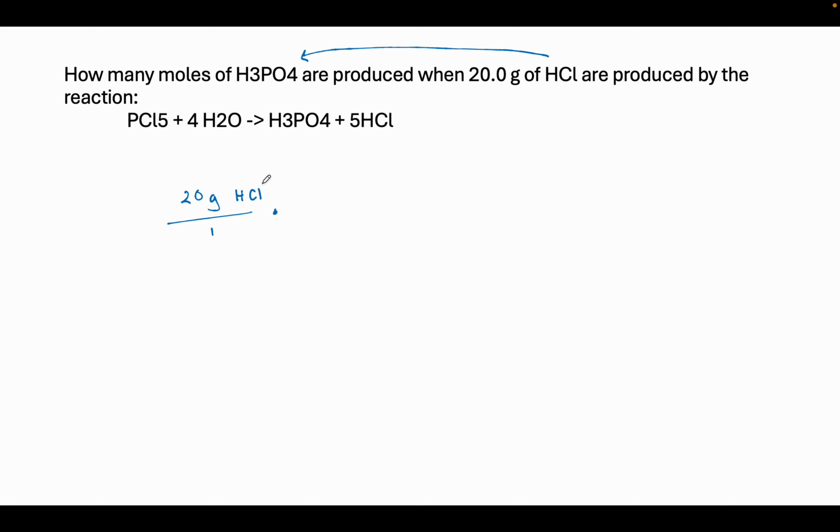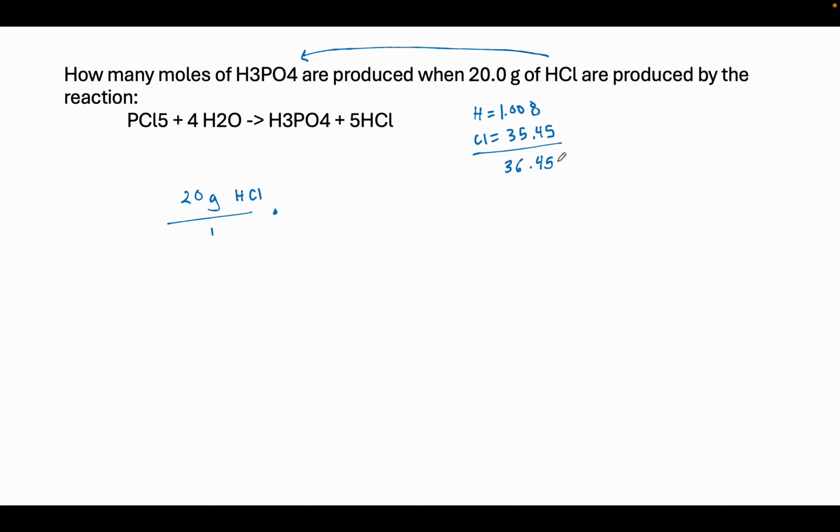So for HCl, H is equal to 1.008. Cl is equal to 35.45. So you add these together for HCl and you get 1.008 plus 35.45, 36.458.